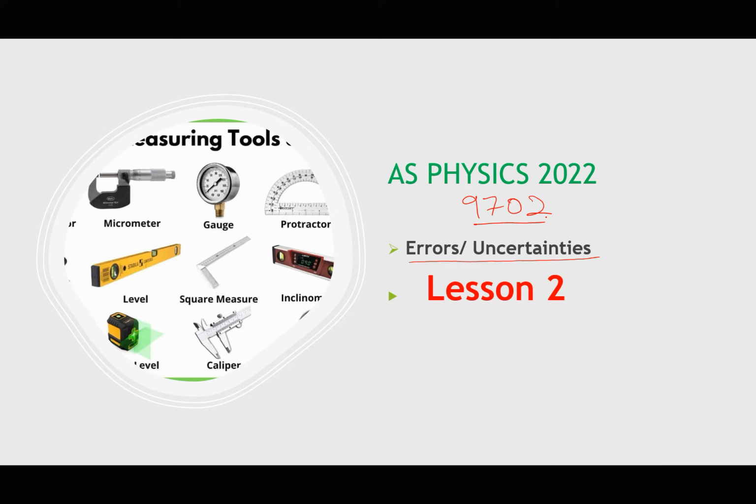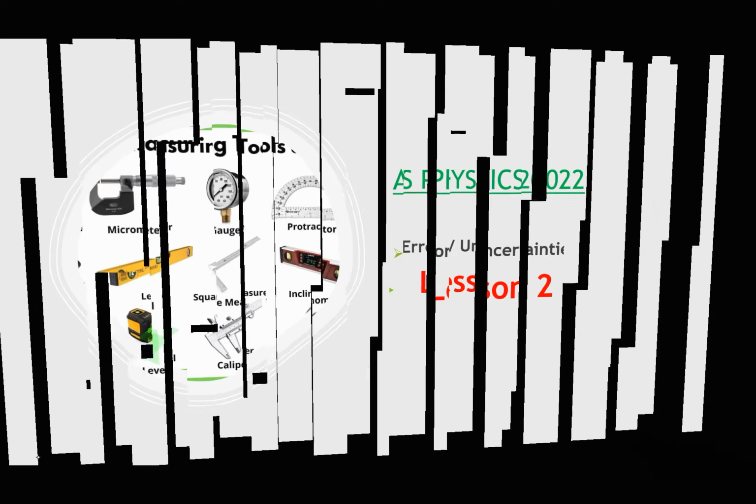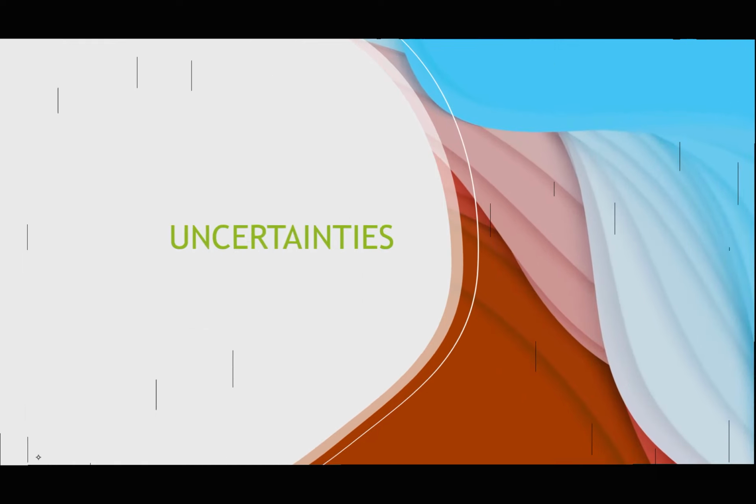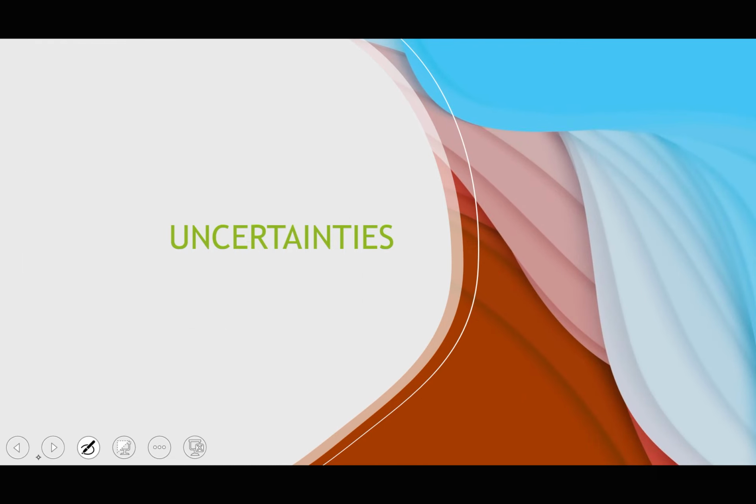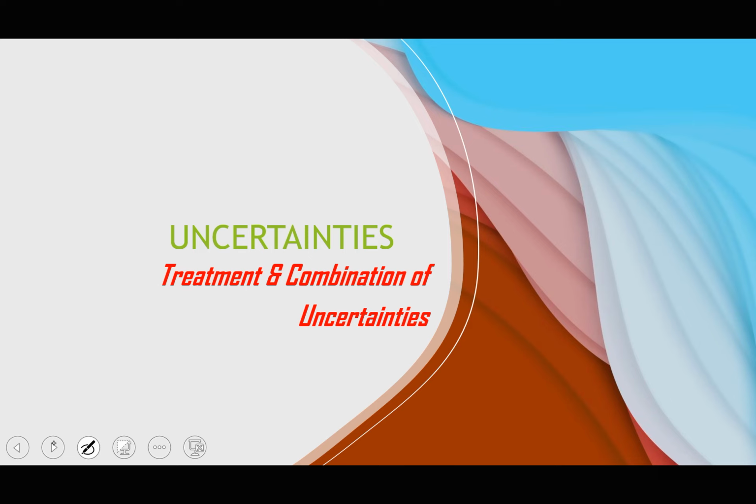So today we are not going to go back into systematic errors and random errors, but we shall be specifically looking at the treatment of these uncertainties or errors. We shall concentrate on the treatment, or if you want to call it, combination of uncertainties.